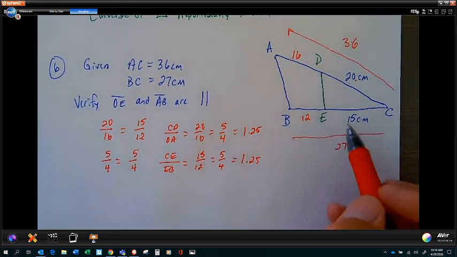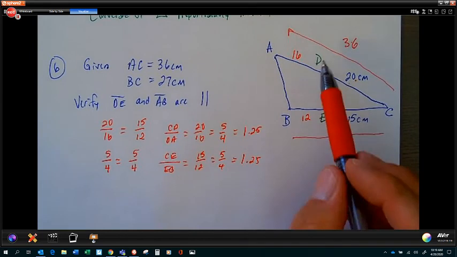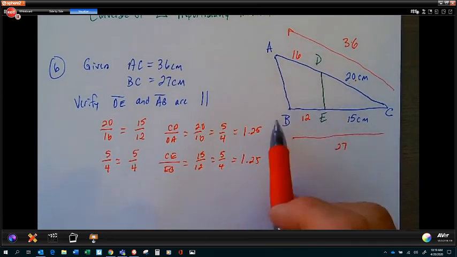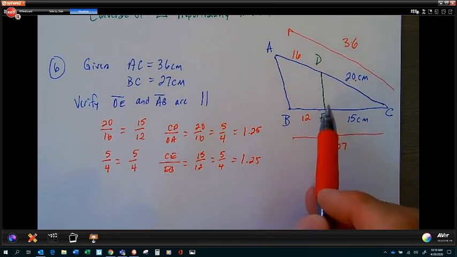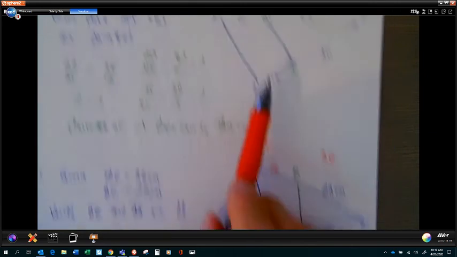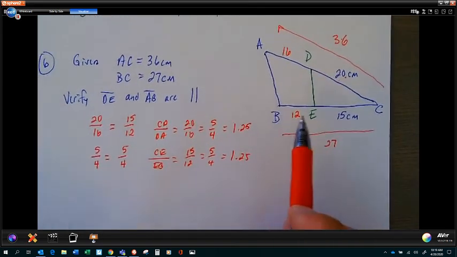And because these are proportional triangles, that makes DE, even though it doesn't look like it here, parallel. Again, we're proving by the numbers, and I drew this a little slanted on purpose just so you'd say, oh, well, these look parallel, but these don't. Again, looks can deceive.